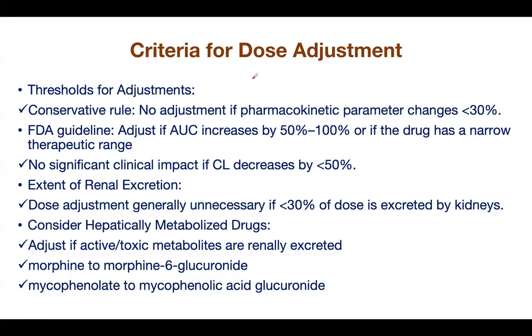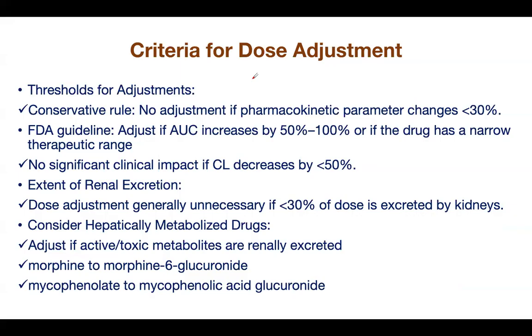But if it is more than that, then we need to be cautious, especially when the area under the curve for any particular drug increases by 50 to 100%, or the drug has a narrow therapeutic range, for example theophylline, we need to be very cautious. We need to consider a decrease in maintenance dose or decrease in the frequency of dosing.